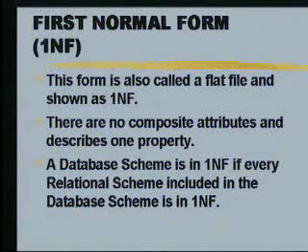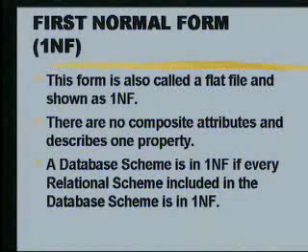Another thing which we are saying here is a database scheme is in 1NF if every relation scheme included in the database scheme is in 1NF. This is in the context of a database management system, where there may be several relations or tables existing in that particular database. Okay.